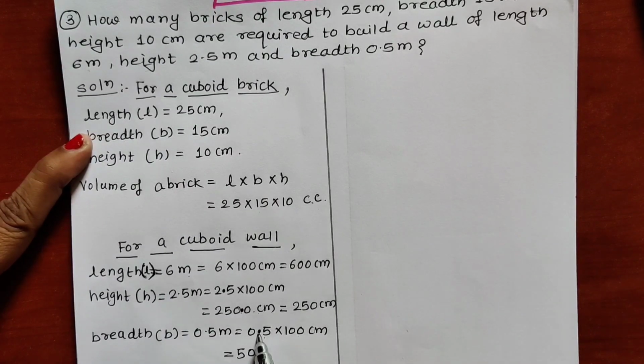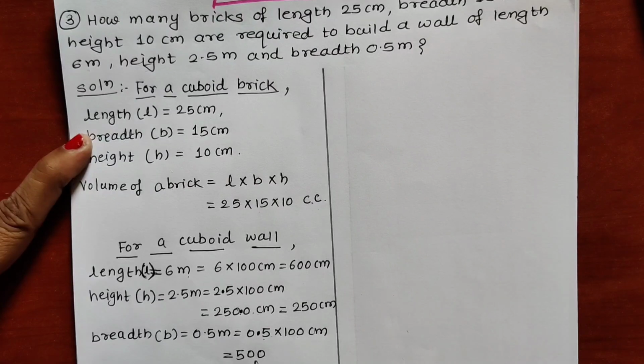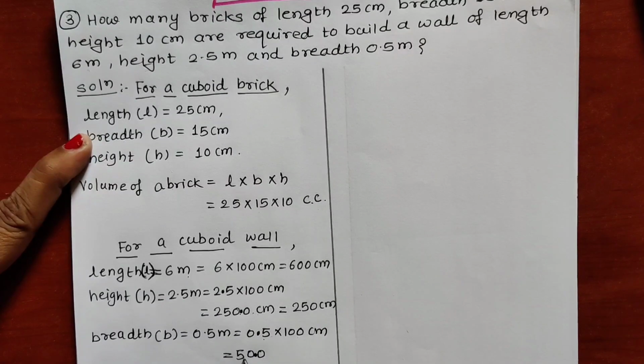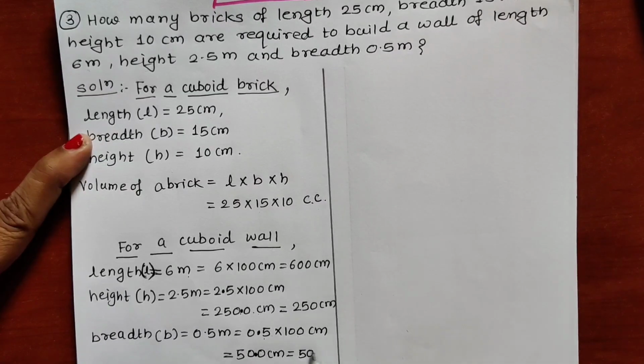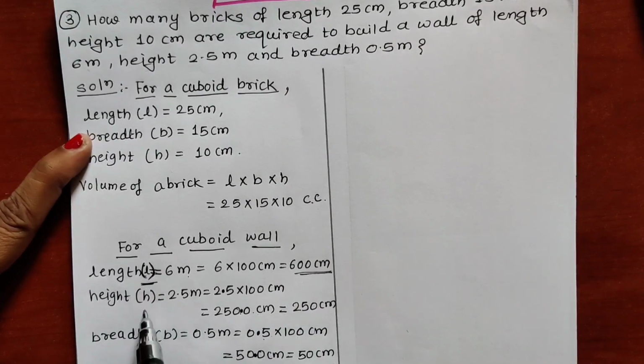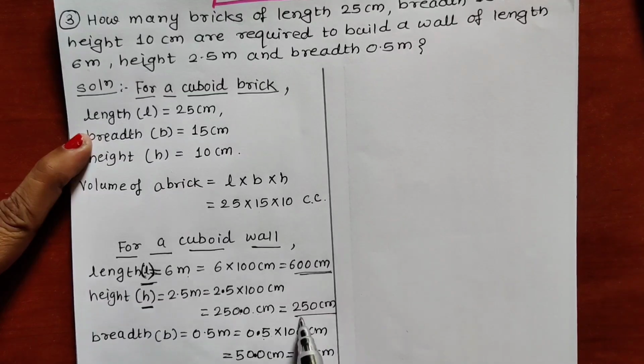Now in this number, after point one digit is there, so in answer also there should be one digit after point. So we will be having 50.0 centimeter. 50.0 means 50 centimeter. So in this way, length of a cuboid wall is 600 centimeter, height of a cuboid wall is 250 centimeter and breadth of cuboid wall is 50 centimeter.